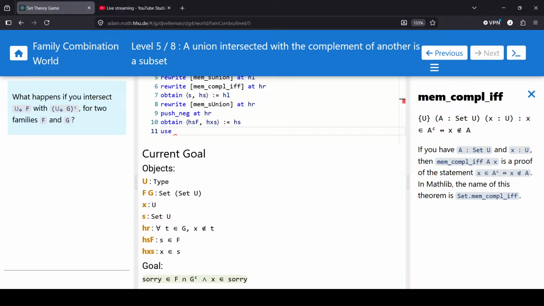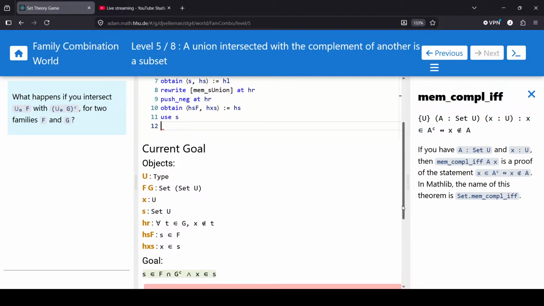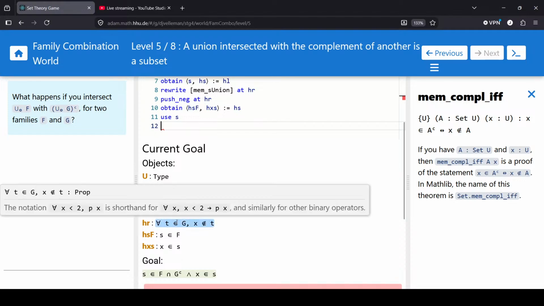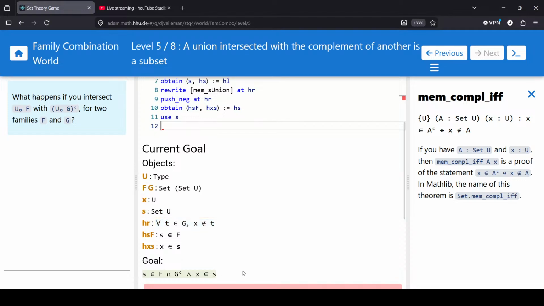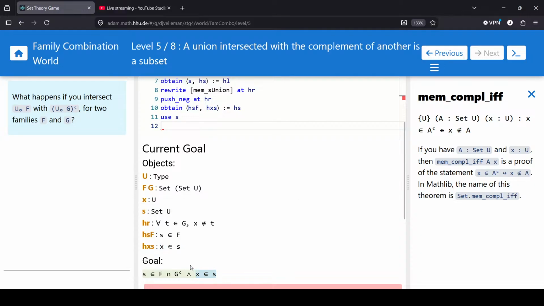Okay, fine. We'll just use X. Sorry, S. We'll use S for now. But I feel like I need to apply this to something. Because yeah, I can prove this side.